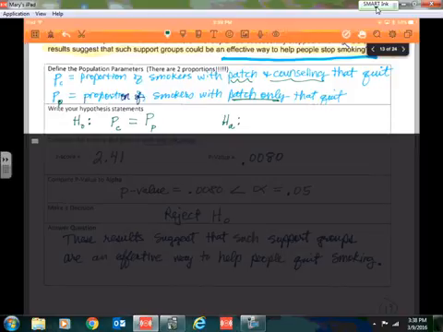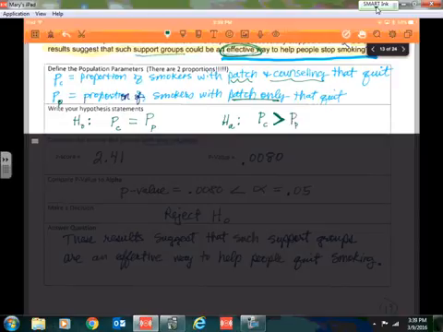Does this suggest that support groups are an effective way to help people stop smoking? Effective would mean that the proportion that do counseling in addition to the patch have a greater success rate than the proportion that do the patch alone.